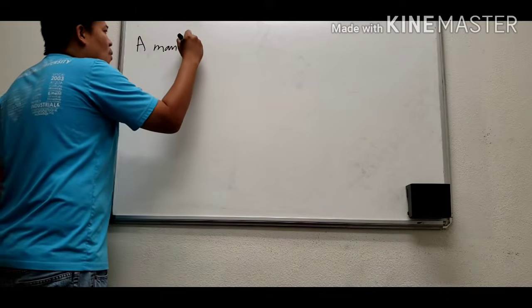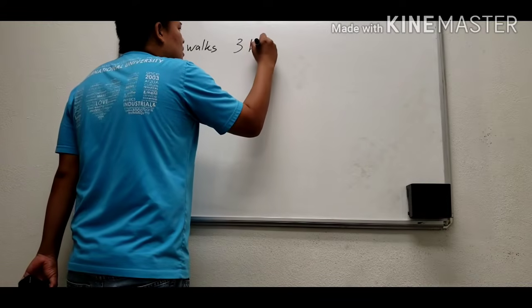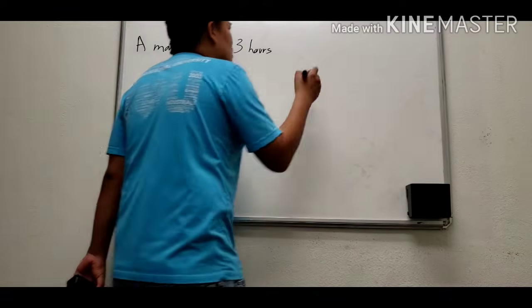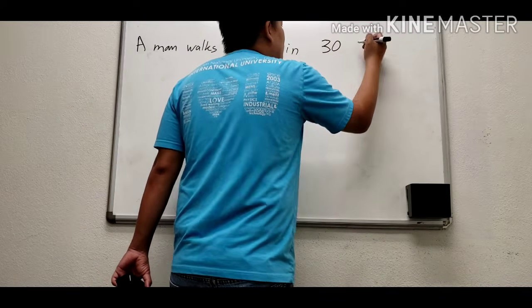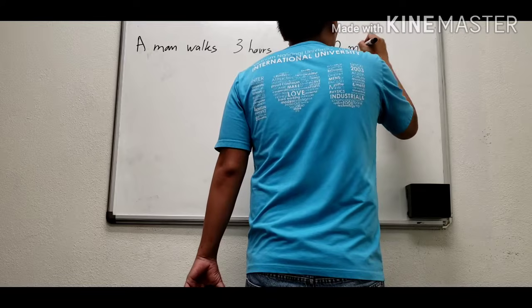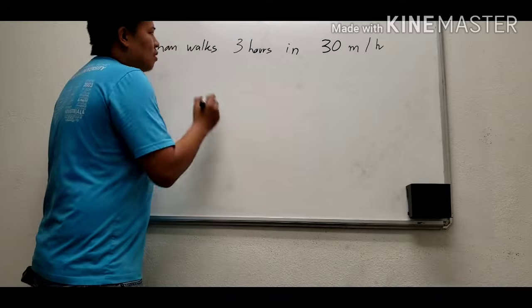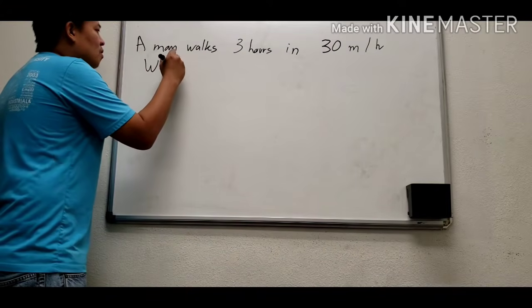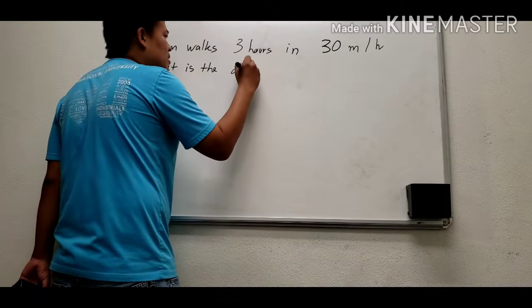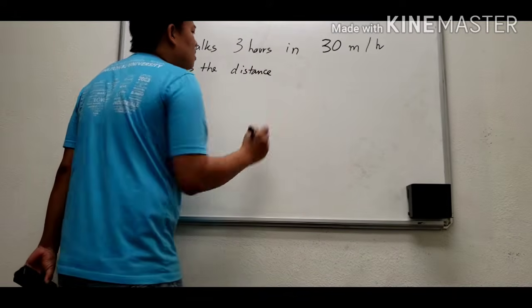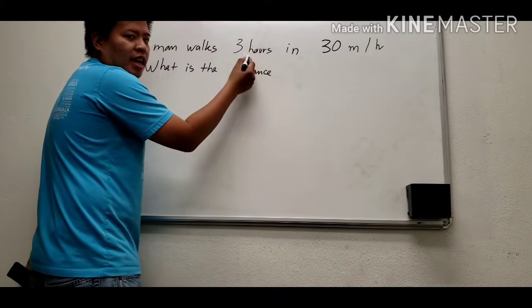A man walks 3 hours at 30 meters per hour. What's the distance? So we have velocity and the time.